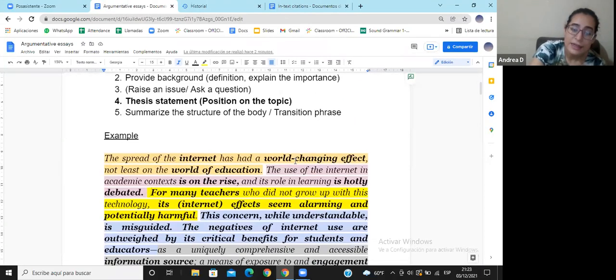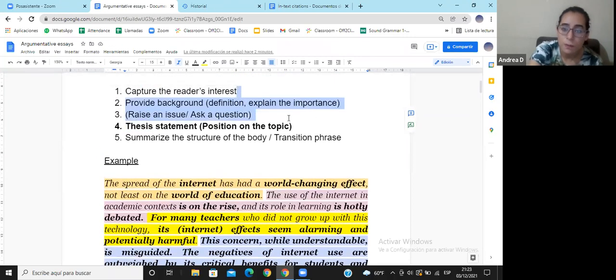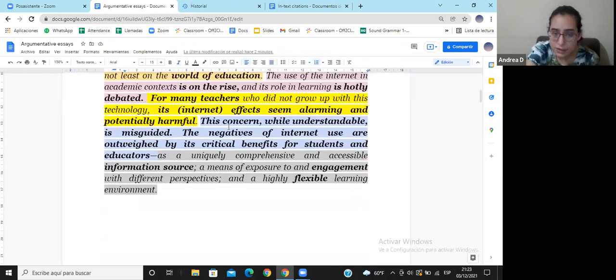Okay. And then the thesis statement is the author's opinion. So he's answering the problem or the question that he just raised. So he's saying, this concern is misguided. The positives are way more than the negatives, right? So the negatives are outweighed by the benefits. That's his position.